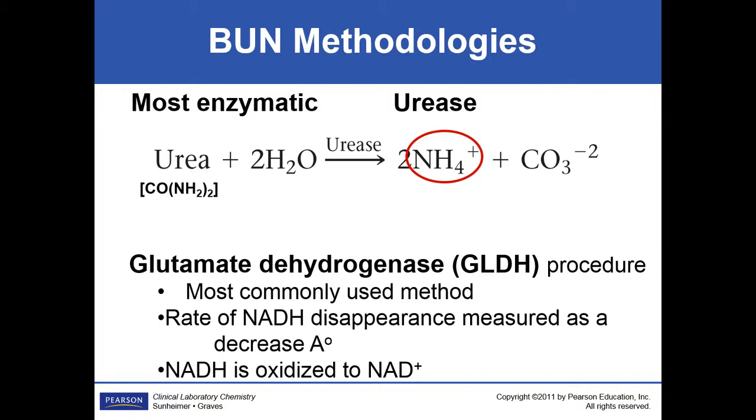Then this is taken and further reactions occur with different methods. The main method that we want to be concerned with is the glutamate dehydrogenase procedure. It's the most common one, and we're measuring the amount of NADH that disappears. It will be a decrease in absorbance as it's oxidized.